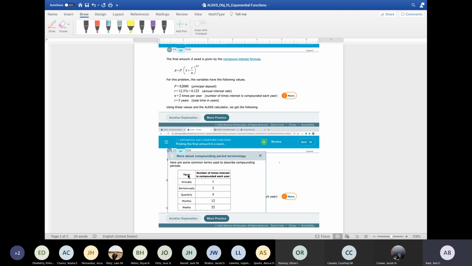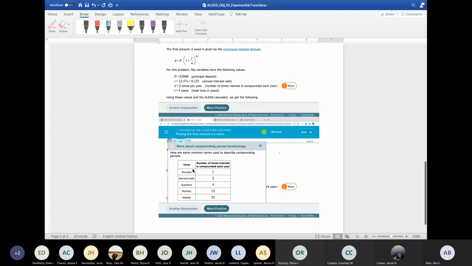Some of the terms you might see: annually, semi-annually, quarterly, monthly, weekly. In each case, this table gives you how many times interest is compounded each year. Annually, once. Semi-annually, twice. Quarterly, 4. Monthly, 12. Weekly, 52 times. There may be some others.